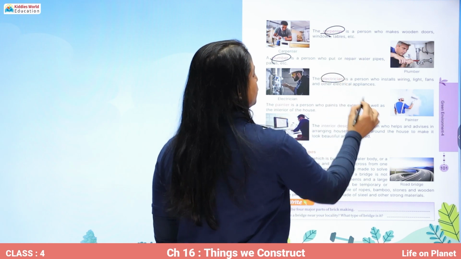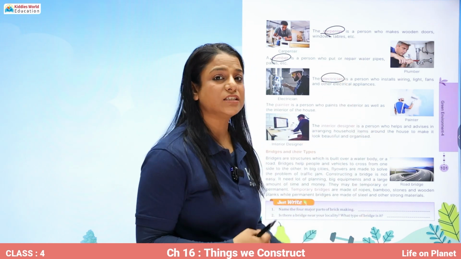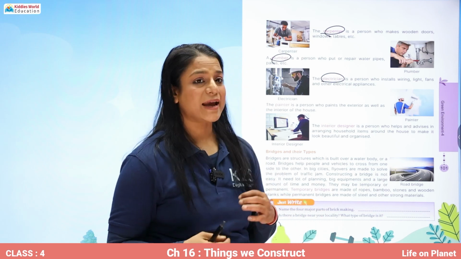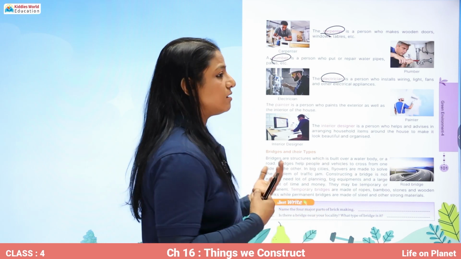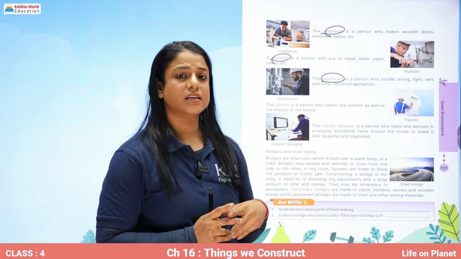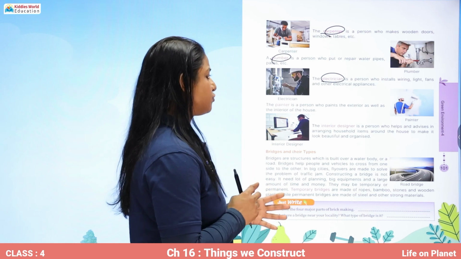Then comes the electrician. An electrician is the person who installs all the electrical wiring in the house, the lights, the fans, the AC, the lift. Every electrical wire is being done by an electrician.